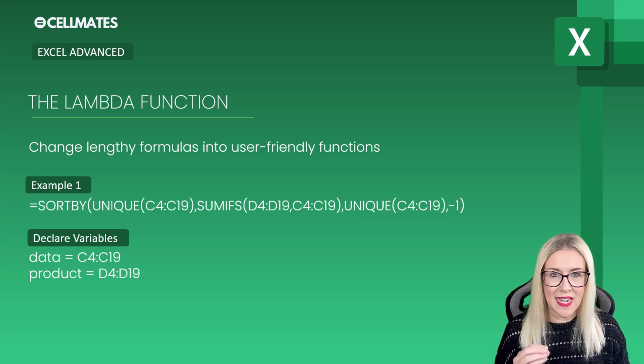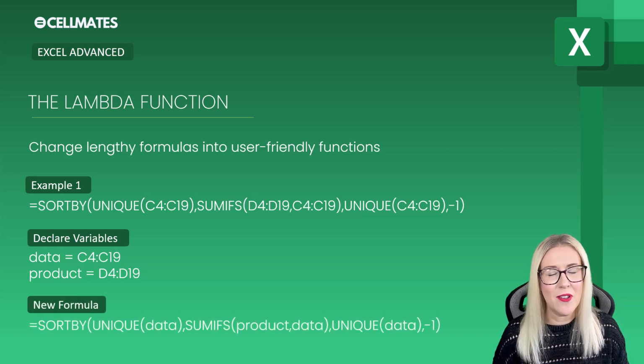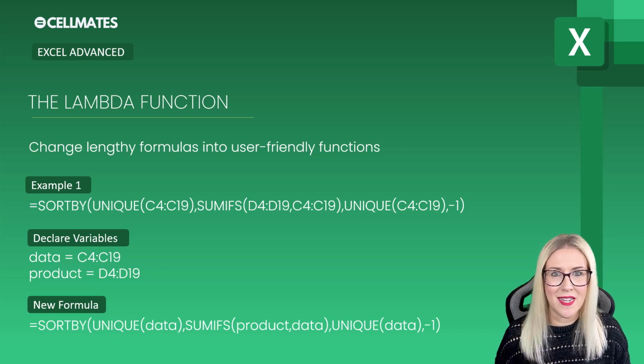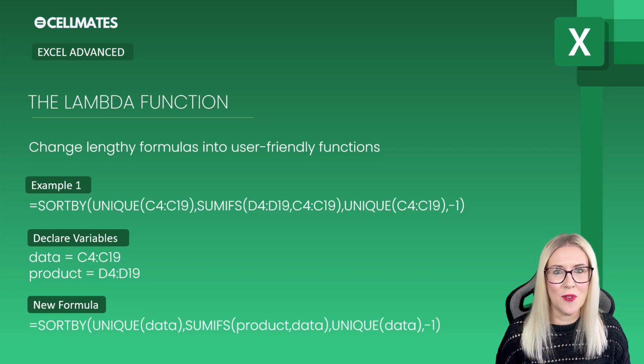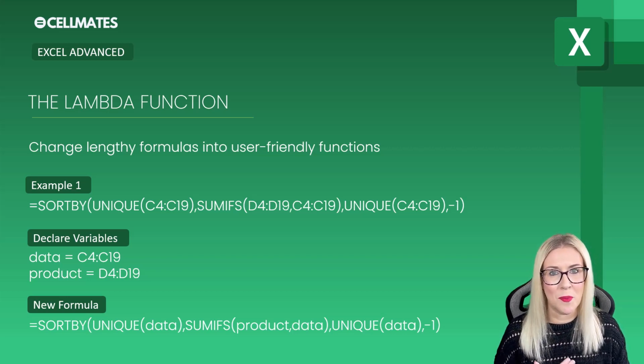Now, once we've declared those variables within our LAMBDA, we can then replace the cell references in the formula with those new user-friendly names. So our formula would end up looking something like this. Wherever we had C4 to C19, that's been replaced with data, and wherever we had D4 to D19, that's been replaced with product.